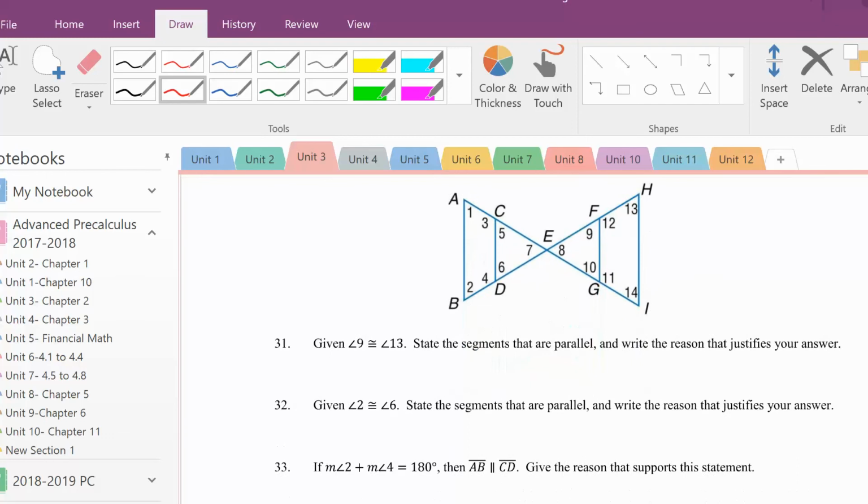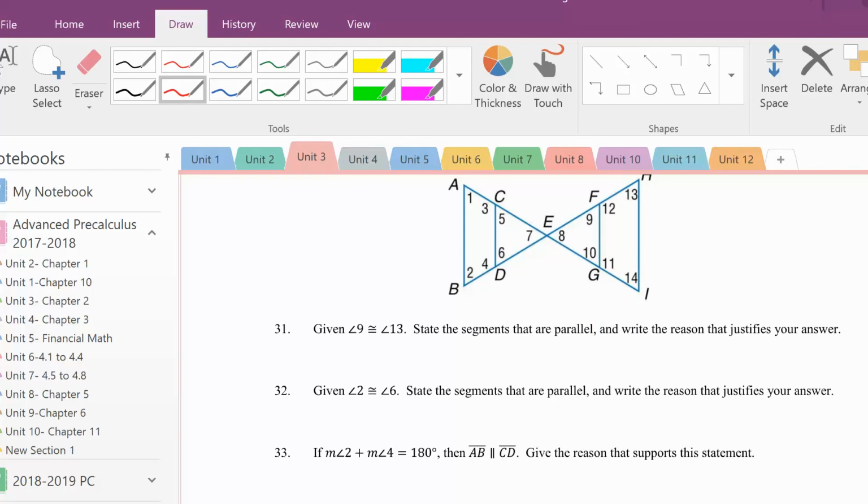All right, so looking at this next picture, it says state the segments that are parallel and write the reason that justifies it. If angle 9 is congruent to 13, we'll notice 9 and 13 are corresponding. So FG would be parallel to HI, and that is because corresponding angles are congruent, and then the lines are parallel.